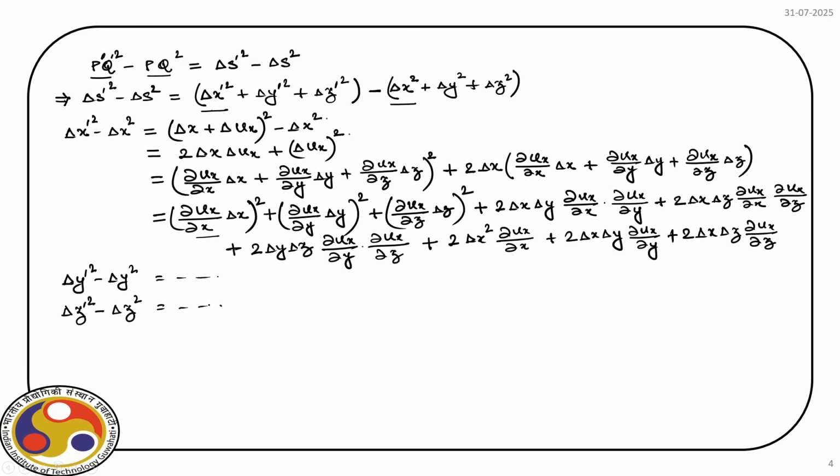Okay. What we have to do? We have to combine all of them together here. Now, what I will do? I will give you the final expression, and that you can cross verify.